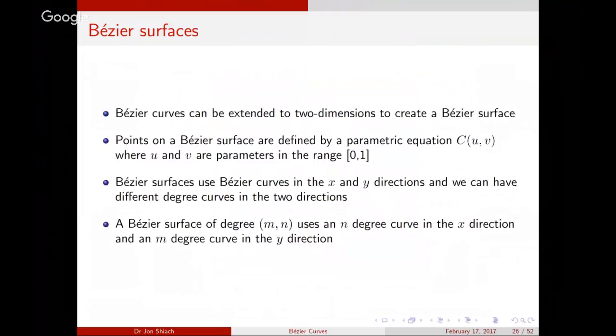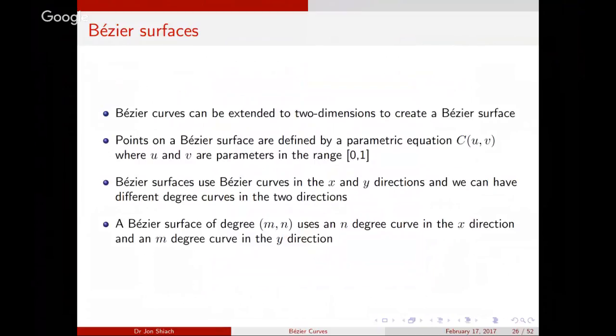If you imagine we're looking down on our patch, if you've got a 2D patch, it's going to be in the x and y directions. And we can have different degree curves in the 2 directions. So for example, you could have a cubic in the x direction and a quadratic in the y direction.